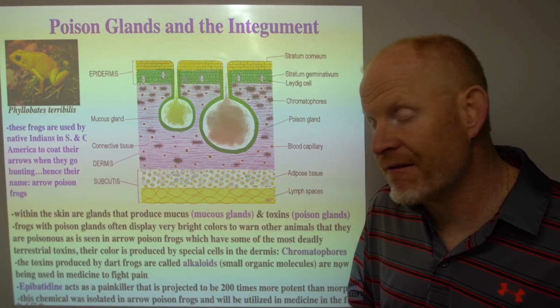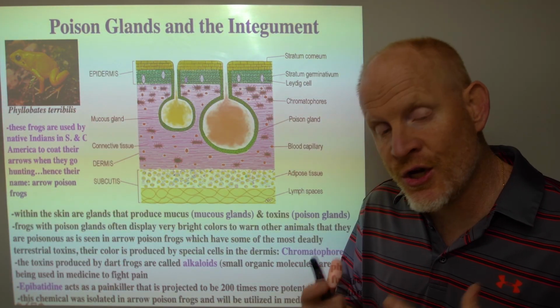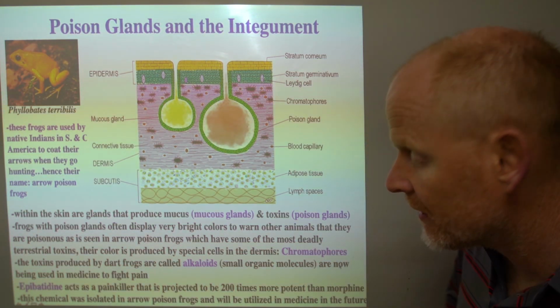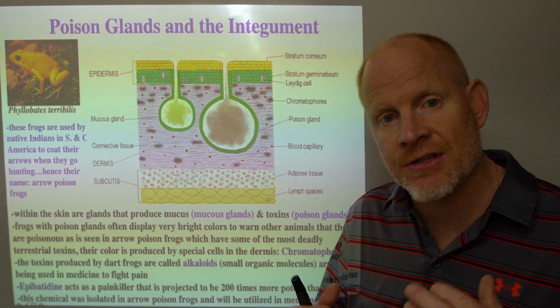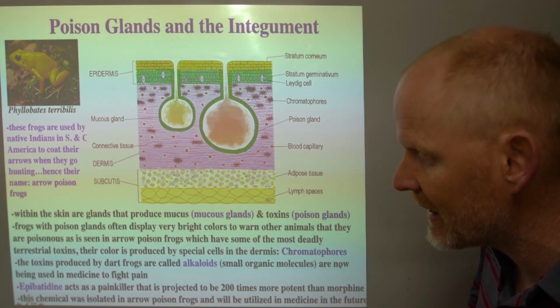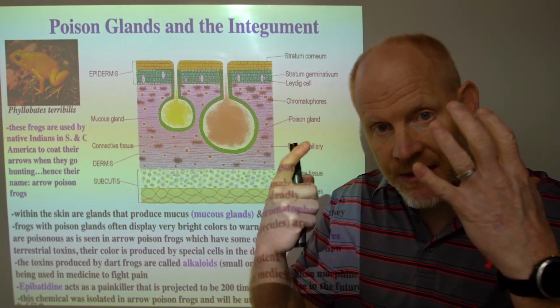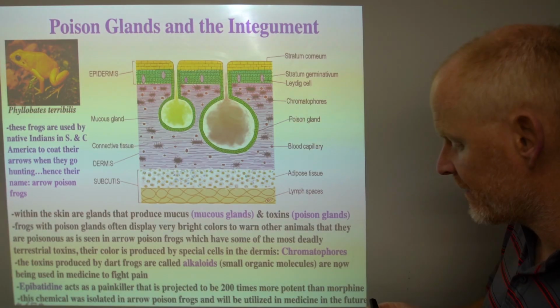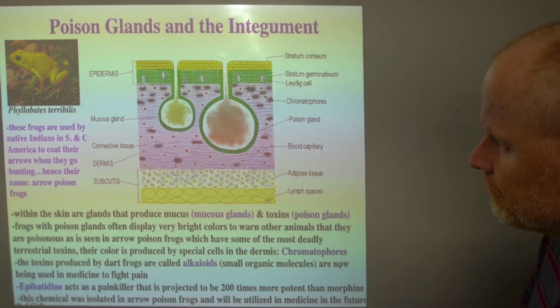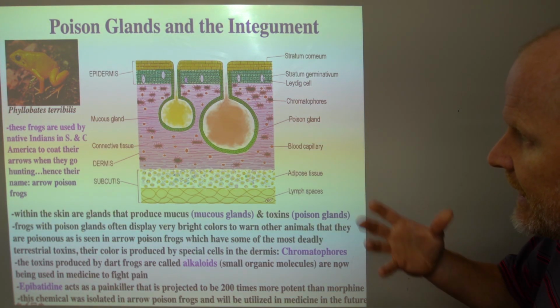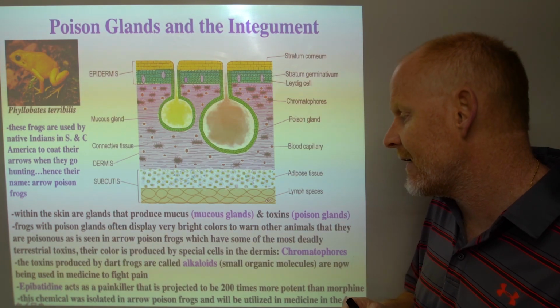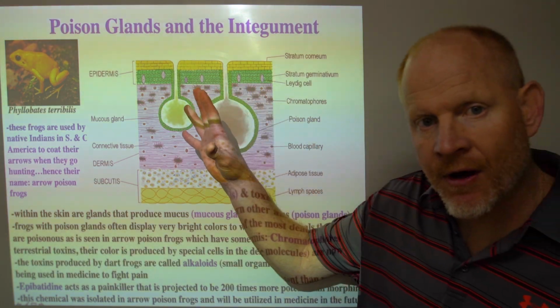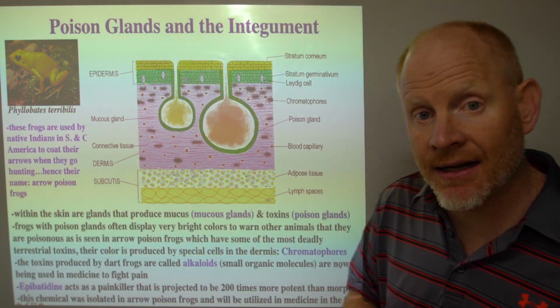If they can perfect that, it'll be a huge breakthrough, because as all of you know, morphine is very addictive if you take it too much, whereas epibetadine doesn't have these properties on the central nervous system that morphine does. But in any case, those are poison glands and how they work, and that some frogs produce pretty toxic poisons.